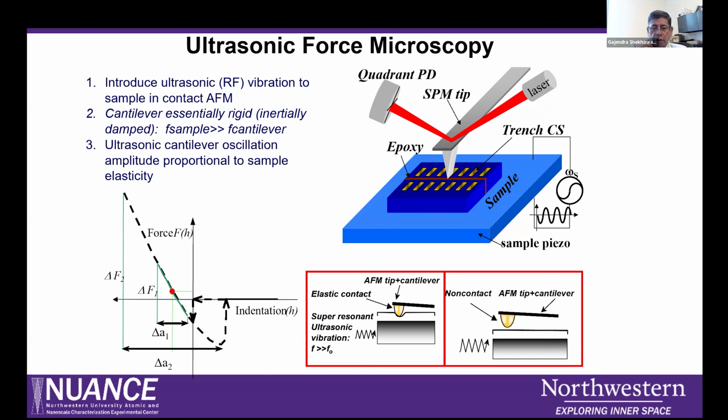A typical AFM force-distance curve is almost linear, but here extra non-linearity comes from the superresonant ultrasonic vibrations, where the oscillation frequencies are much higher than the cantilever resonance. And it generates extra force on the sample surface.